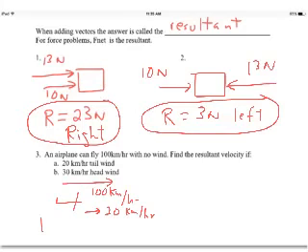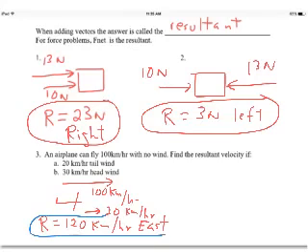Well, the resulting velocity, R, is 120 kilometers per hour. And to the right, when we're talking about airplanes and cars and maps, to the right is east. You could say to the right here, or you could say east. West is to the left. North is to the top of the page. But the resulting speed or velocity of this airplane is 120 kilometers per hour east.